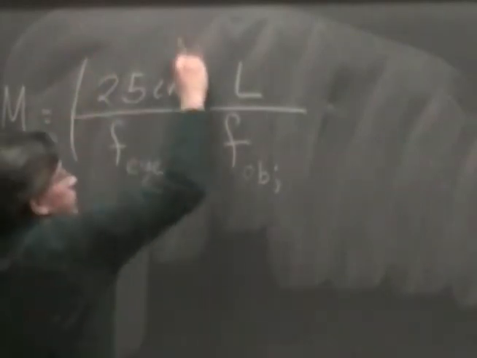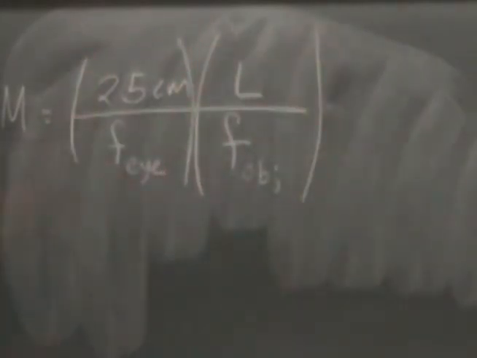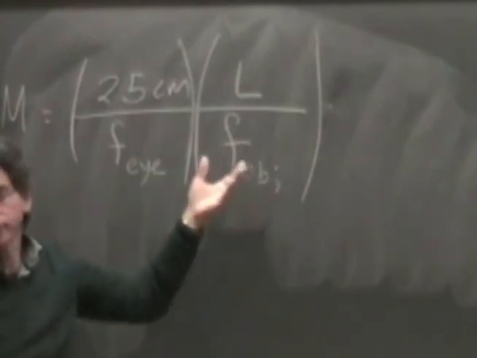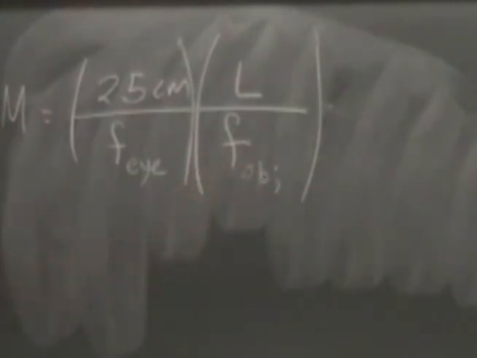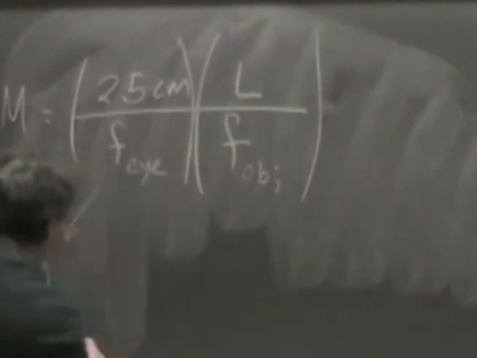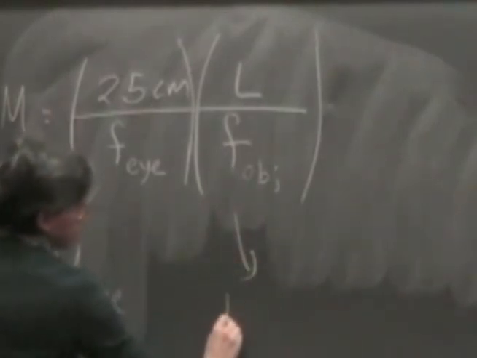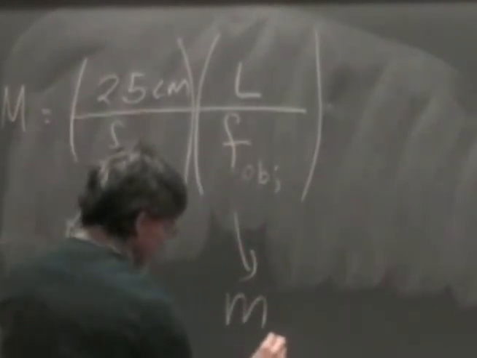Now this magnification is a product of two quantities. One having to do with the focusing power of the eyepiece, the other having to do with the focusing power of the objective. So what people do is they call this quantity the magnification of the eyepiece, and this quantity the magnification of the objective.